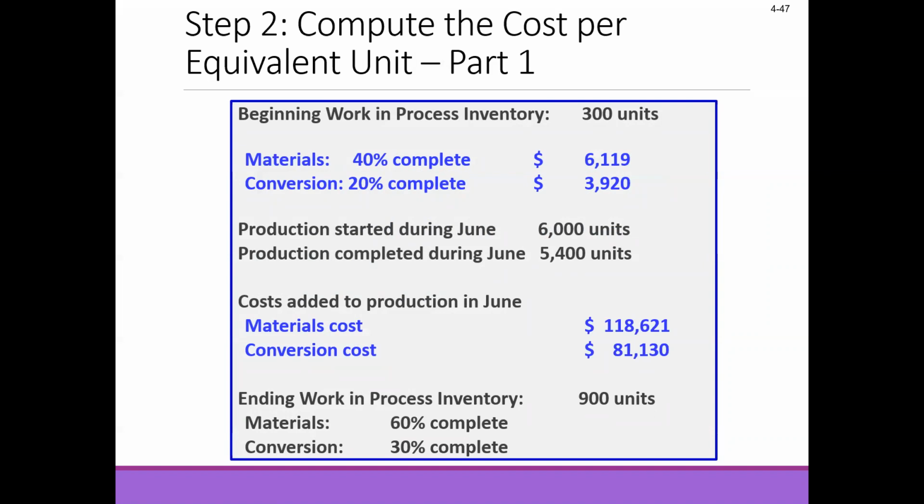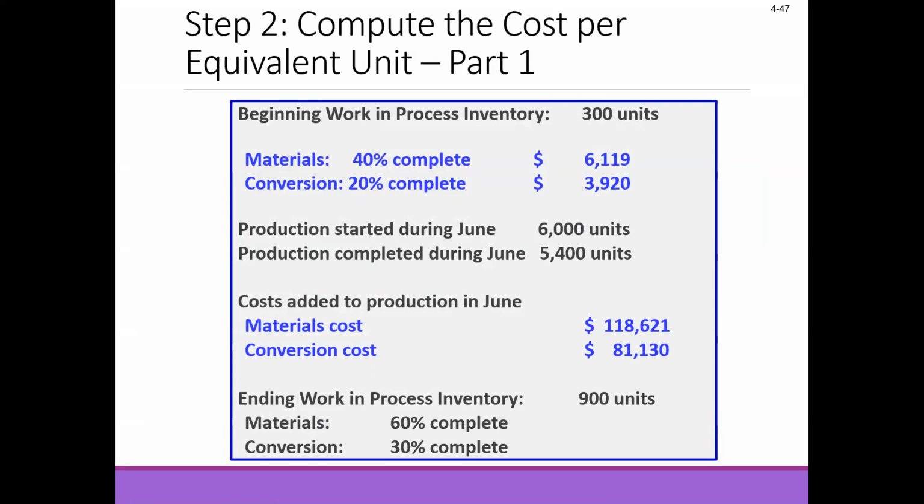We added costs, material cost of 118,621. We added conversion costs of 81,130. And we know our ending work in process is 900 units with 60% complete materials, 30% complete conversion.